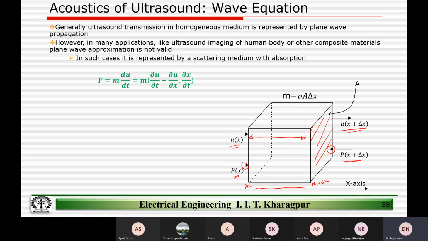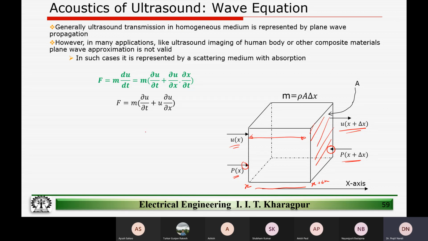And du dt here, what we are doing is, we are saying the velocity is a function of not only time but also x, right? And hence we rearrange. For du dt, we take the partial differential calculus and write it as del u del t plus del u del x multiplied by del x del t, right?